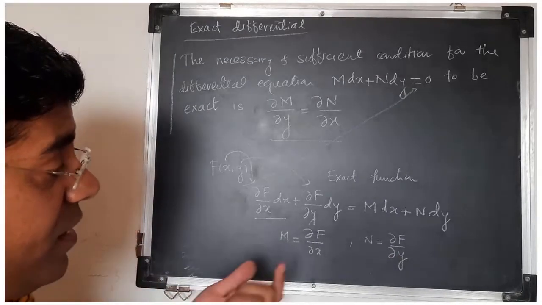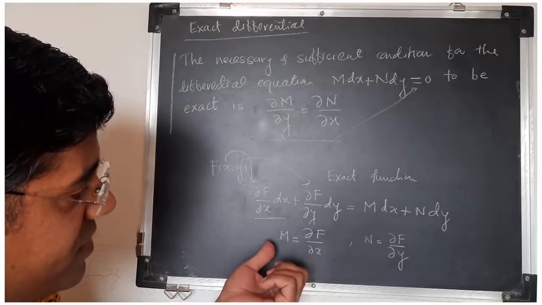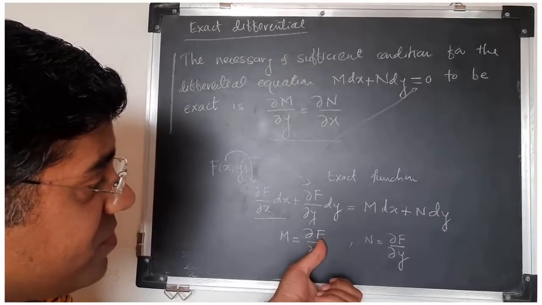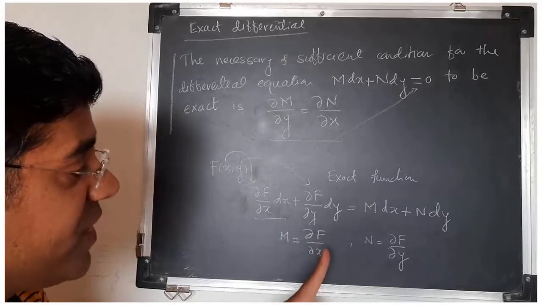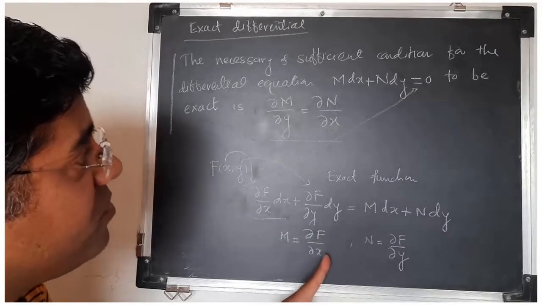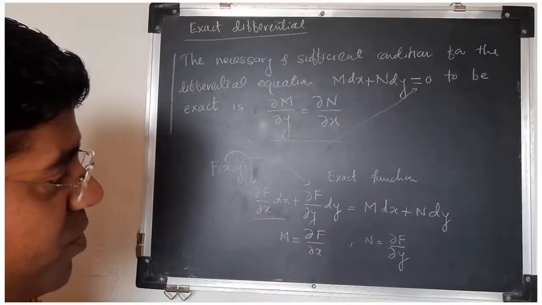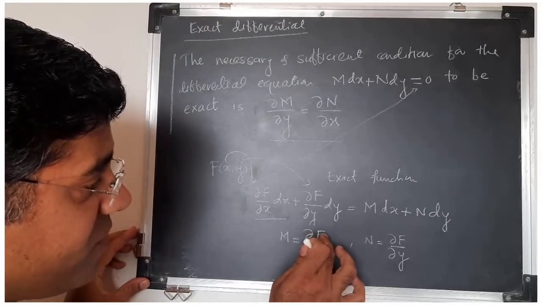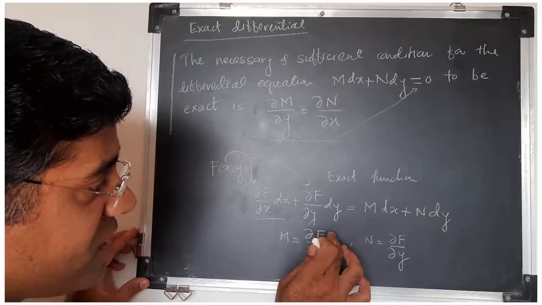Now we'll assume that the second order partial derivatives are continuous. That's why we have taken that particular topic. My aim is to prove this. So the second order partial derivatives of this function are continuous.